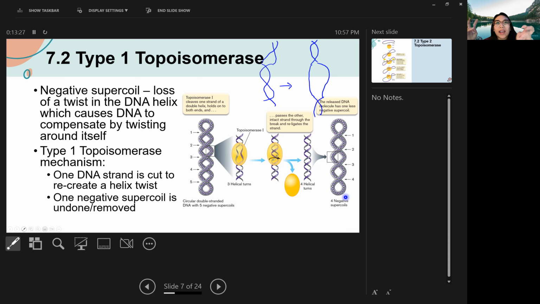And again, I'm using the word happy just because that's just an easier way to explain it. Obviously, the DNA doesn't have any feelings, but that's how I'm going to explain it. Okay, so we went from 5 negative supercoils to 4 negative supercoils because the topoisomerase number 1 reestablished one of those helix twists. So the DNA now doesn't have that much stress on it.